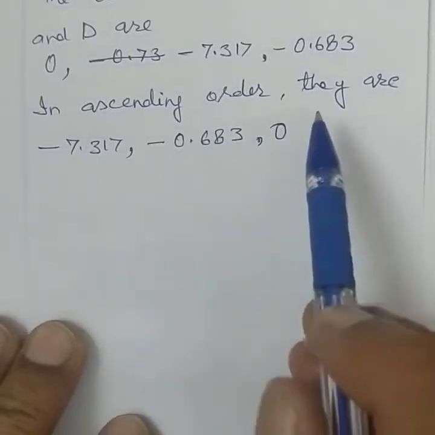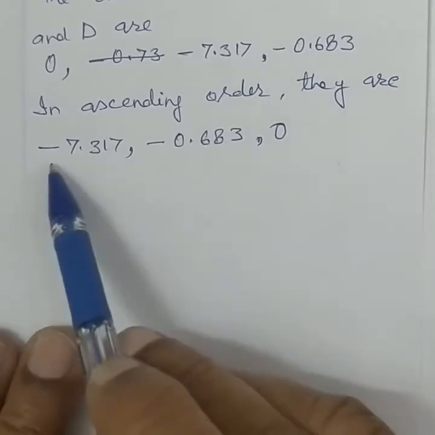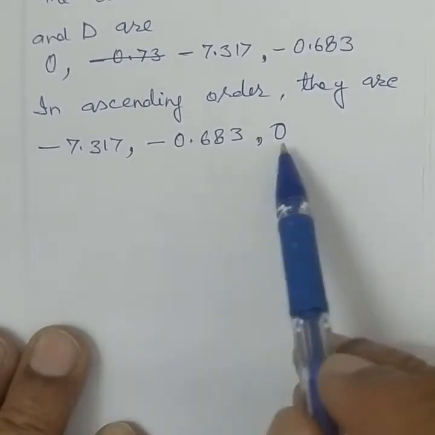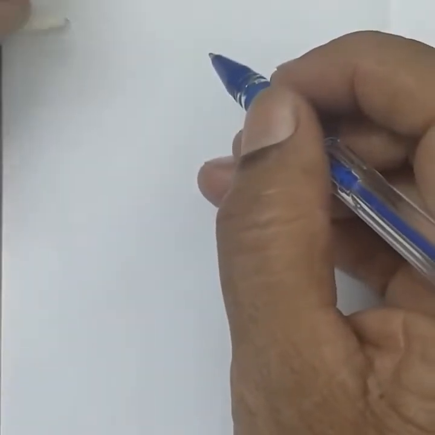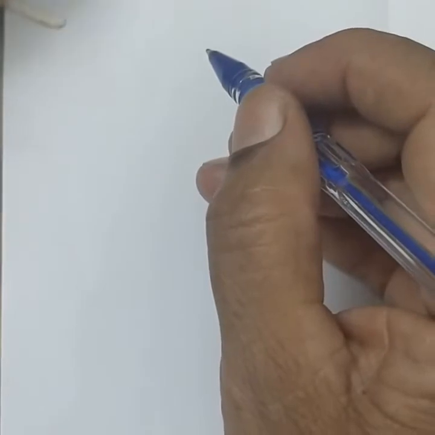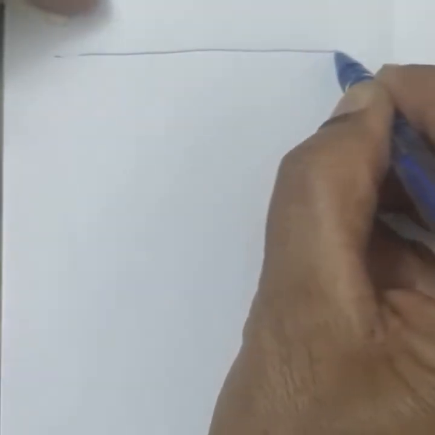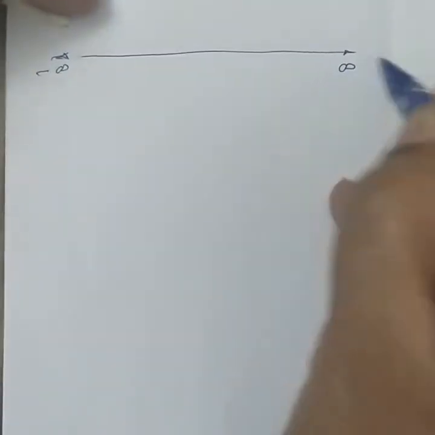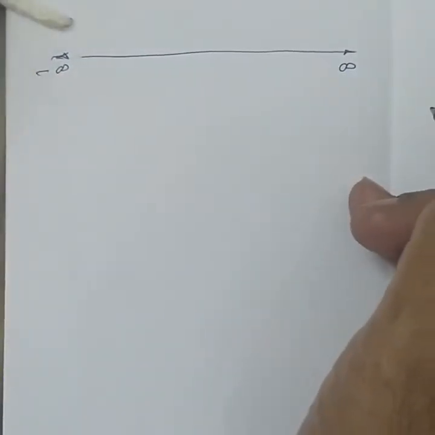In ascending order, these critical points are minus 7.317, minus 0.683 and 0. Now we are going to derive the intersection set of C and D. Let us first of all draw the real number line and show all the critical points on it in ascending order.